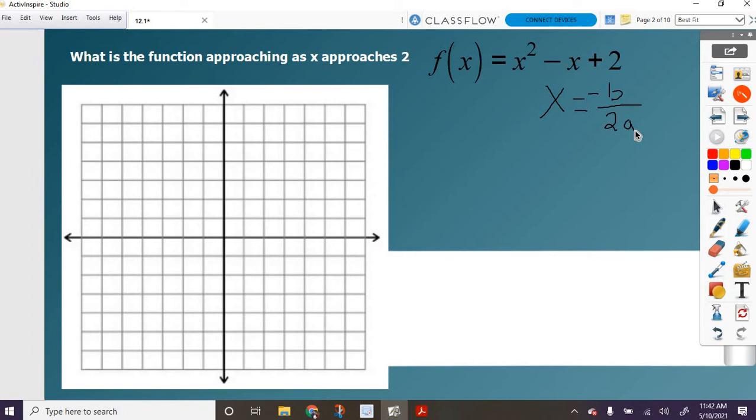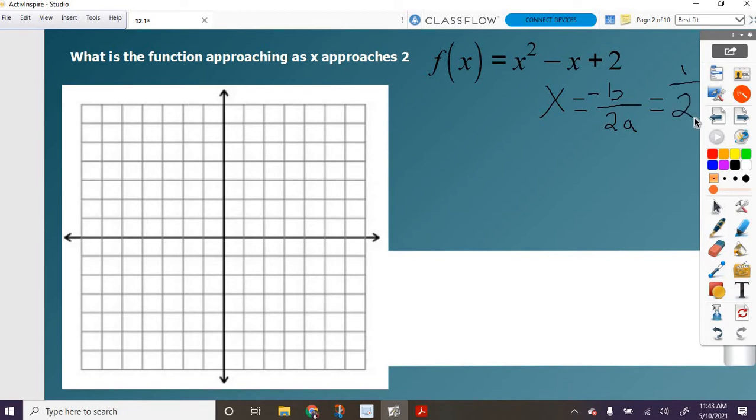So in this case, what do we end up with? So I would have a negative 1 on top, which gives me 1. And then 2 times 1 on the bottom, which gives me 2. So I have 1/2 for x. You guys see how I got that?